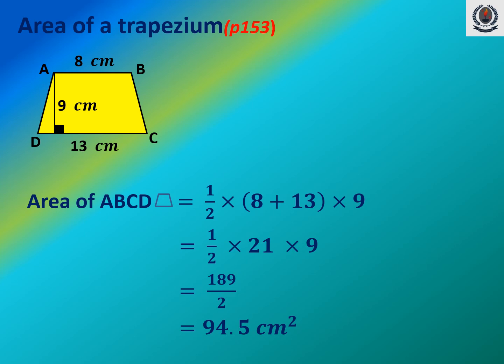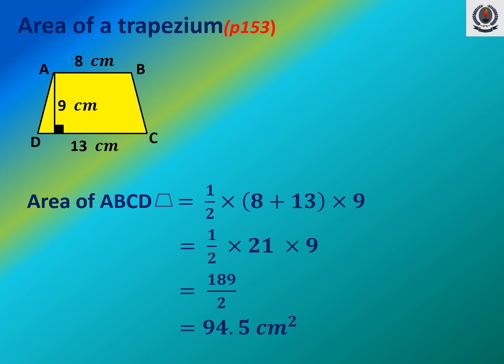Area of a trapezium. Now how to find the area of this trapezium? You know there are two parallel lines in the trapezium. One side length is 13 centimeters, other side length is 8 centimeters. What is the perpendicular height? 9 centimeters.